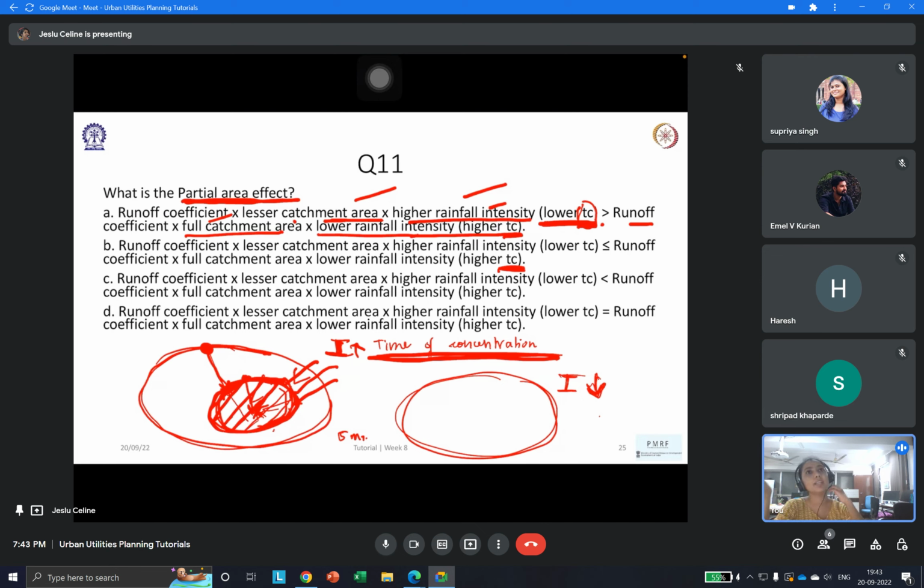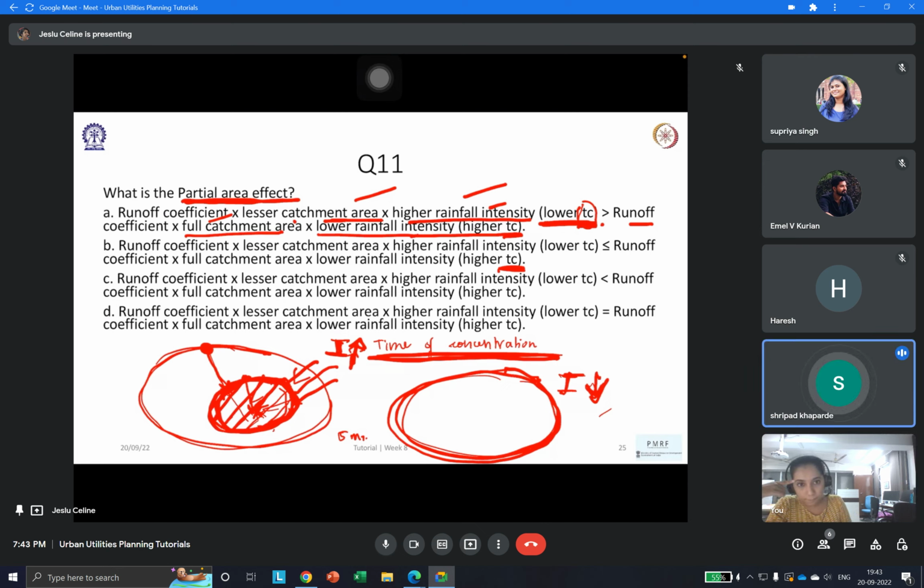Is it possible that if my intensity of rainfall is high, that's the first one, but still the region of concentration is low, the overall surface runoff I'm getting can be greater than the situation when the region that I'm considering is higher, but the intensity is low? That is the question. So now, does anybody want to attempt this question once more?